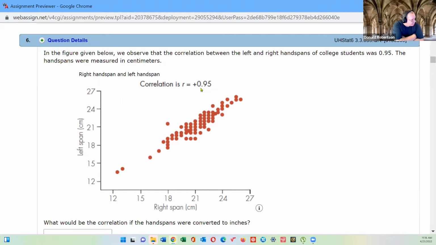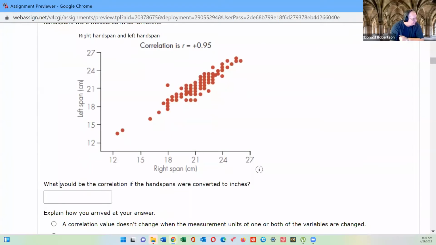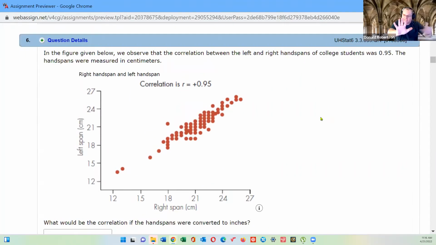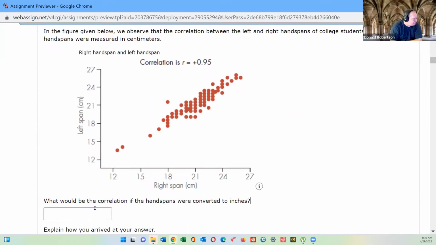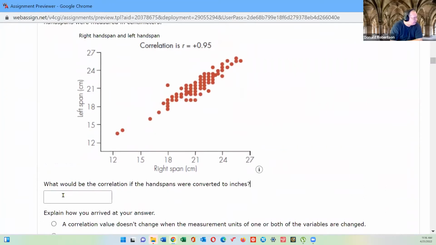But that's not what they're asking. They're asking you, which seems impossible, but it's not, to answer, what would that correlation be if you measured the hand spans in inches? And the answer, maybe surprisingly enough, is 0.95.